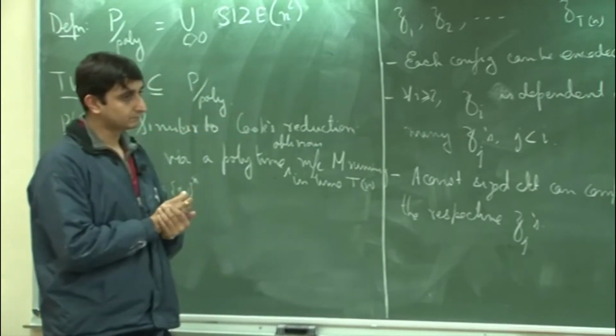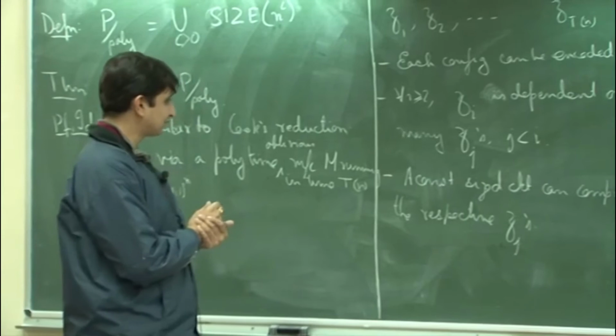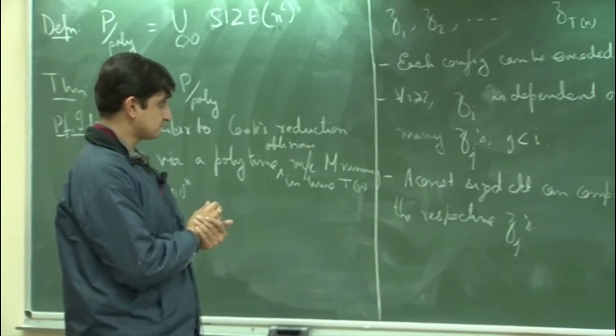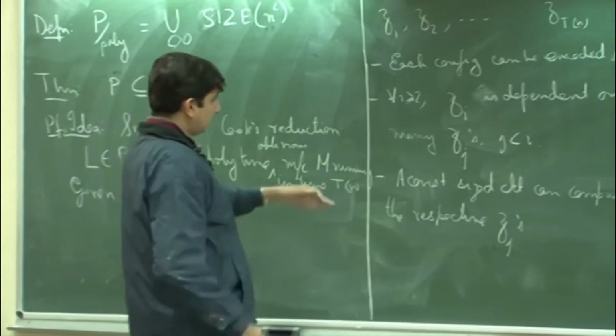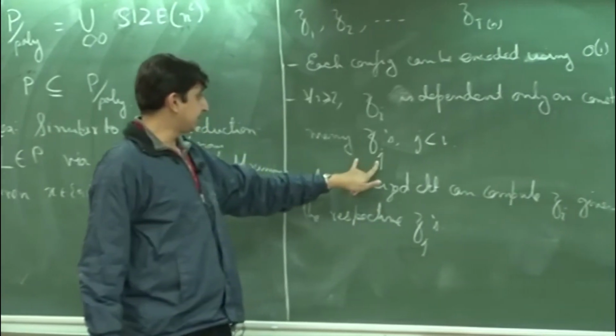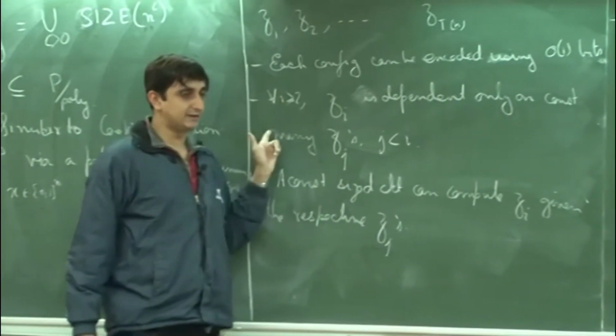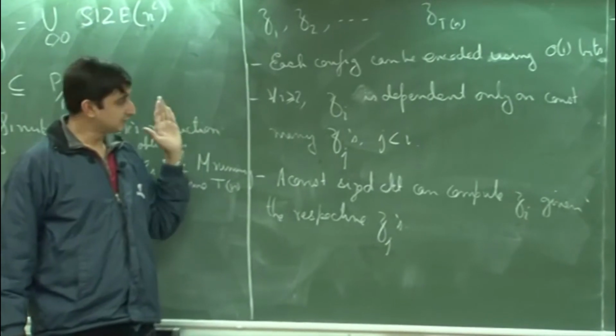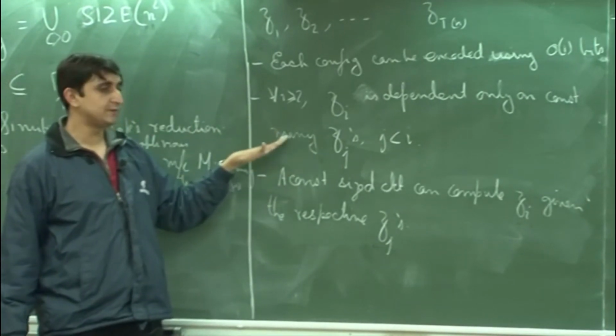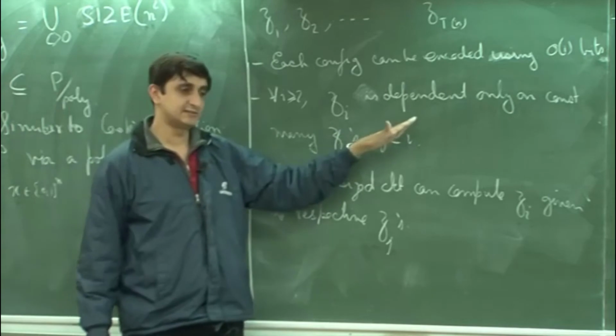So how do you show that a constant size circuit can compute Zi given the respective Zj's? We know that Zi is dependent only on some constantly many Zj's. Suppose we assume that we have circuits for all those Zj's.